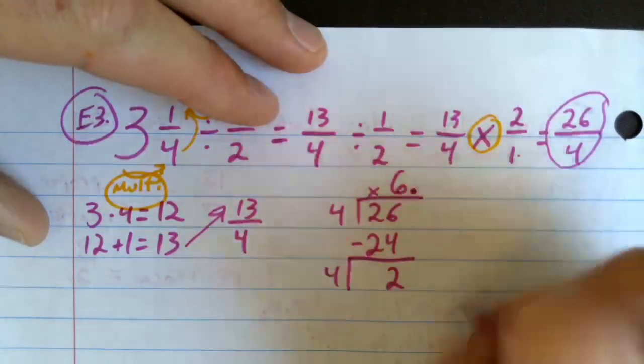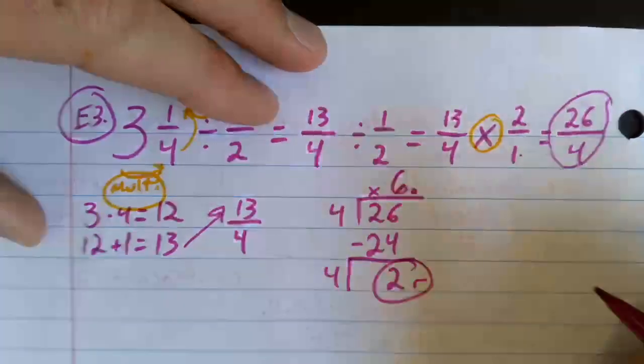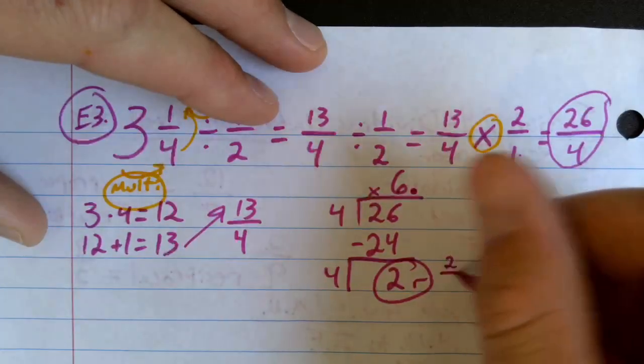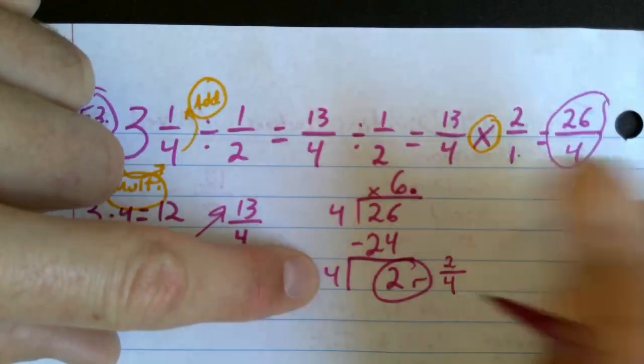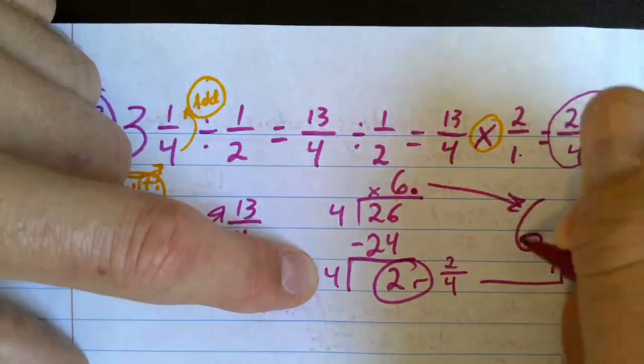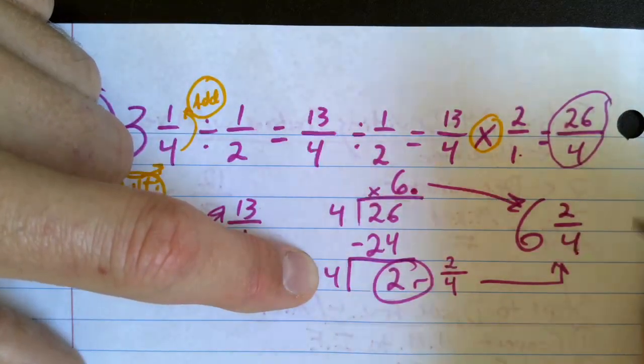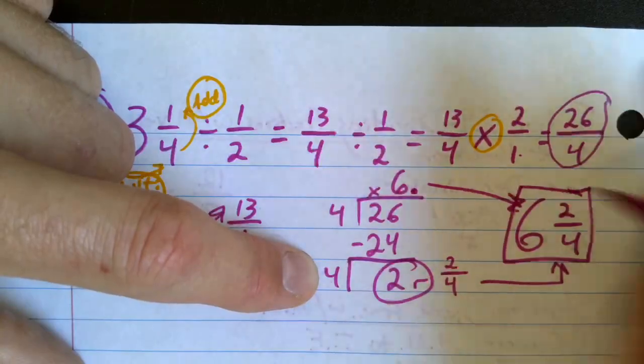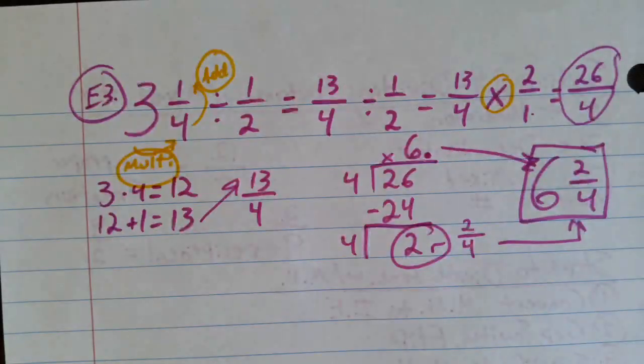So we know 4 can't go into 2, so that's our remainder. And we write our remainder as 2 over your denominator, which is 4. So your answer is 6 and 2/4. That's it.